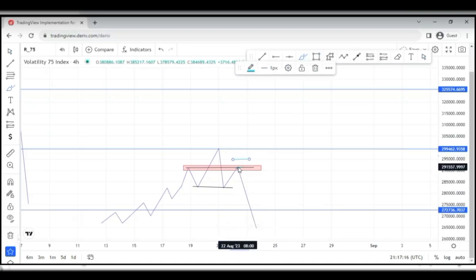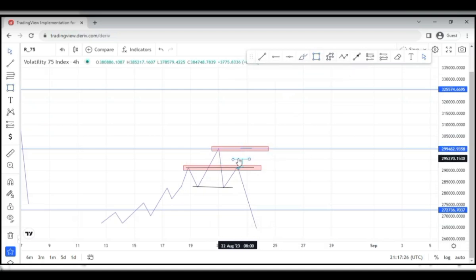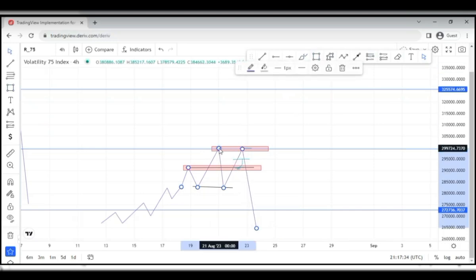If it ends up failing and hits your stop loss, then wait for next entry here. Because if it fails here and begins to go higher, then anticipate that it could be a double top. So anticipate to take another trade here.